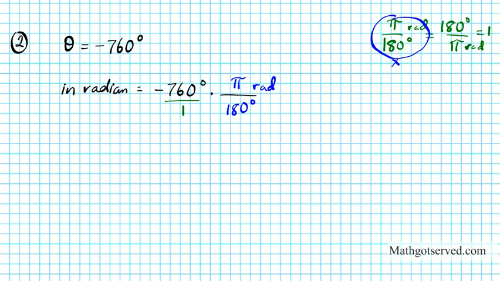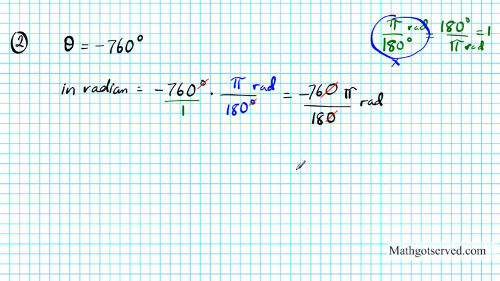All right, so you notice what happens is that the degrees divide out. Now we can multiply across. And then we have negative 760 pi radians over 180. Okay, this is radians. The degrees already canceled out. Now the zeros divide out. And what goes into 76 and 18? We know that this is an even number, so I can divide top and bottom by 2.